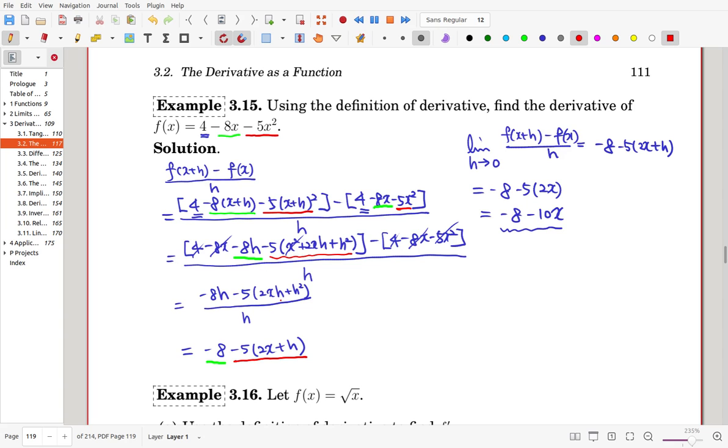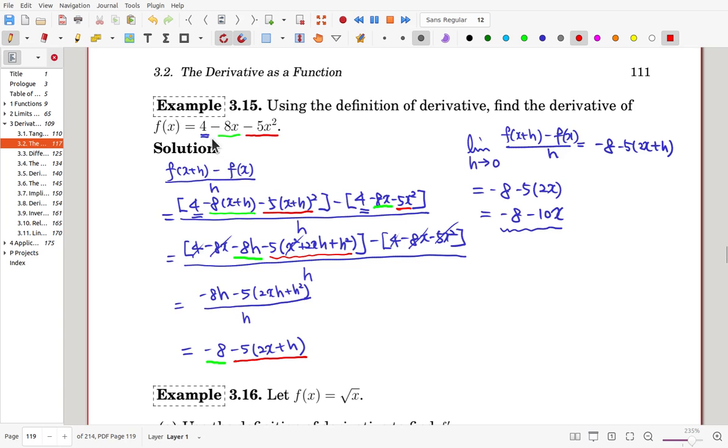So when you are working on this difference quotient, you may work part by part. You can rearrange it, separate out the contribution from this term, that term, and the last term, and later combine them.